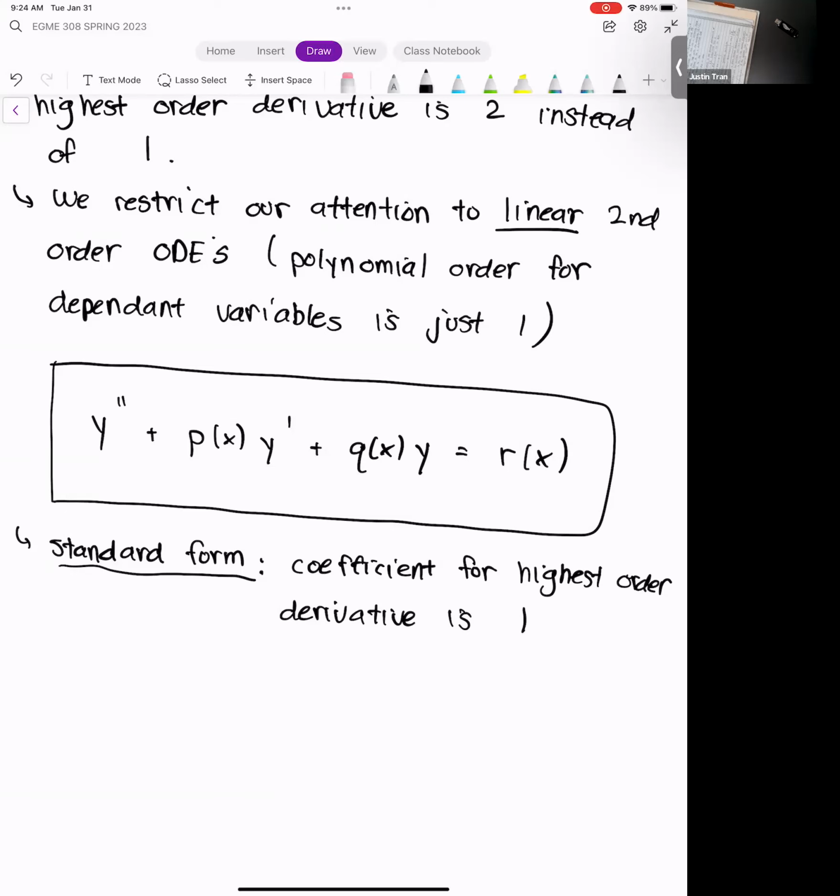If you recall, all those integrating factor problems were in standard form.